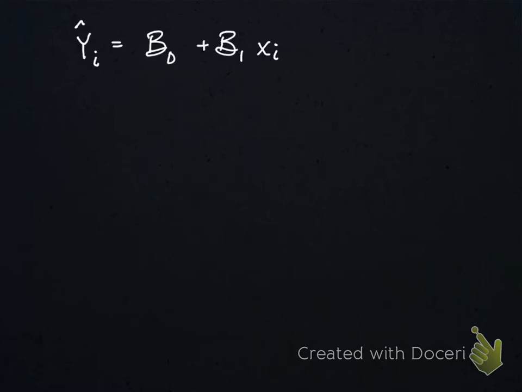So to calculate each person's predicted y-score, as I just mentioned, we need to calculate a slope parameter and an intercept parameter that's going to be used in each and every person's calculation. And this equation here is the calculation we use for each and every person. And we're going to do this in a very specific order. First, we're going to calculate the slope. Second, we're going to calculate the intercept.